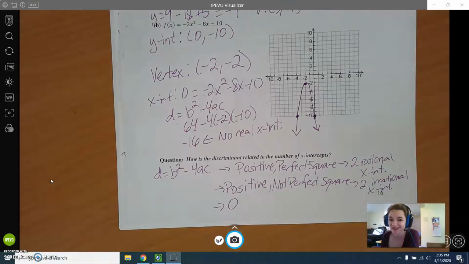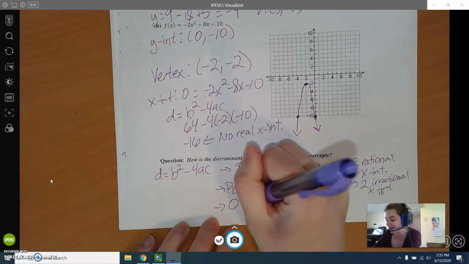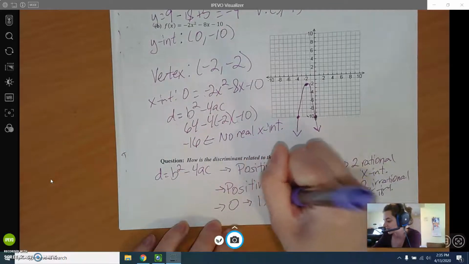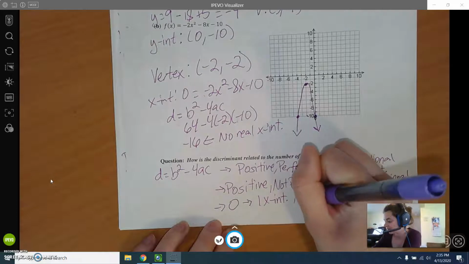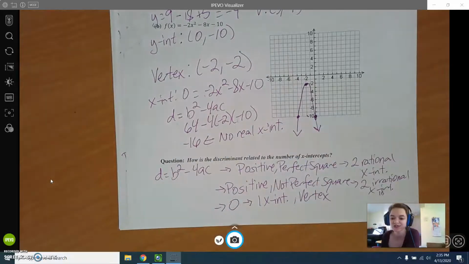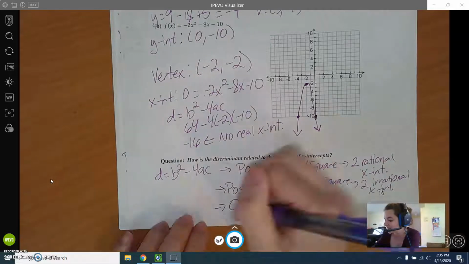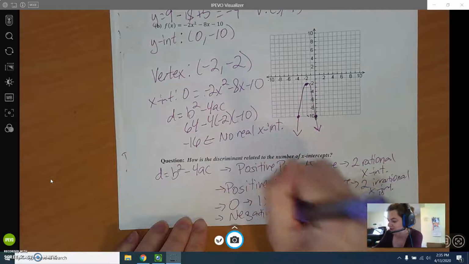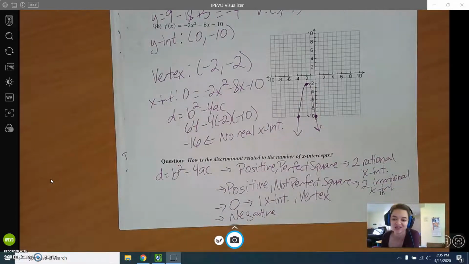Okay. If that discriminant equals 0, that's a pretty special case. That means that your vertex is on the x-axis. So you're actually going to only have one x-intercept, and it's going to be the vertex of your parabola. Okay? So it's going to sit on the x-axis. The last option is if you have a negative discriminant, that means it will not cross the x-axis.